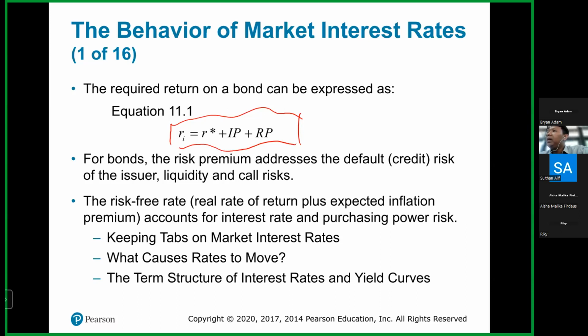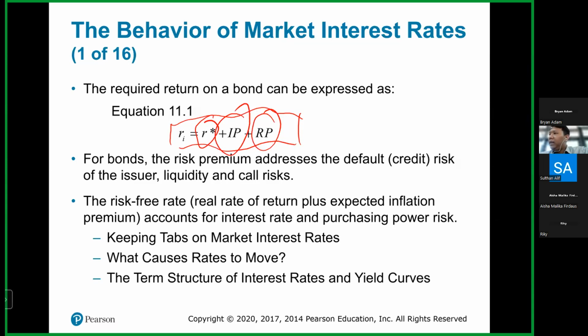The R star here is the required rate of return that we wish to get from investing in bonds. The RP here is the risk premium, and the IP here is, I think, the inflation premium that we get from investing in bonds.